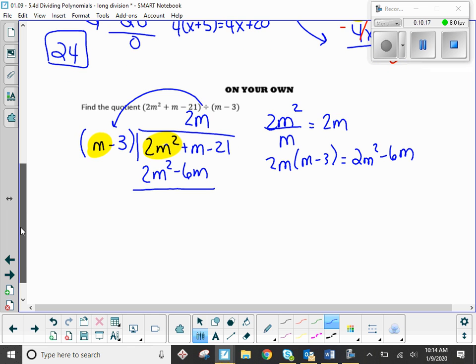And what are we doing with both of those things? Subtracting. If I'm subtracting 2m squared, it becomes negative. What if I subtract negative 6m? What happens? Makes it positive. How many of you forgot to change the sign on the second thing?